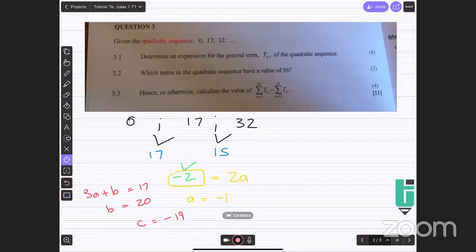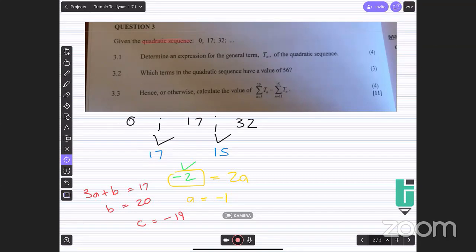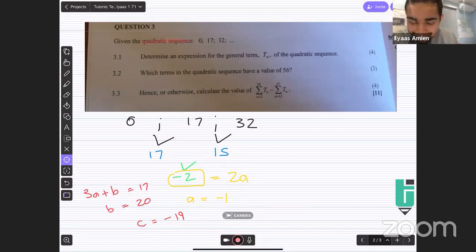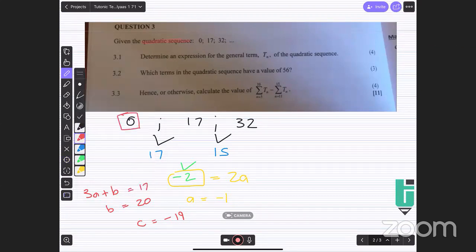But my question to you, what is this? Because you've memorized this number. Isn't that 2a plus b? No, this is 3a plus b. And the first term is a plus b plus c.